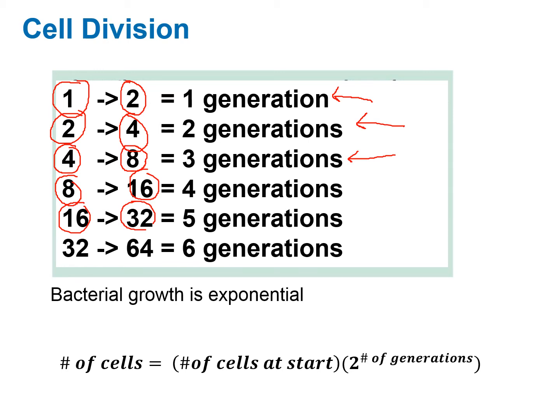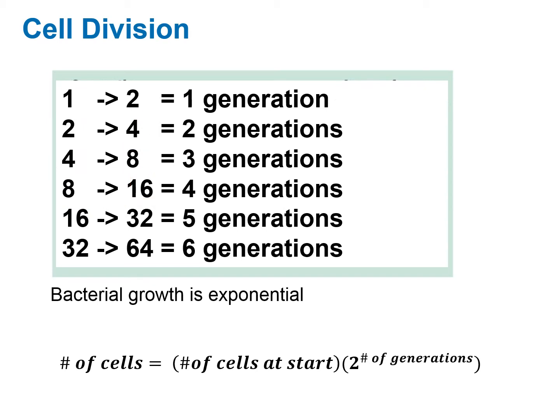In microbiology, we actually use a shorthand to describe this. The shorthand is that we're going to take the number of cells that we get after a division, so that's the number 2, and we're going to raise that to the number of divisions, that is the number of generations.